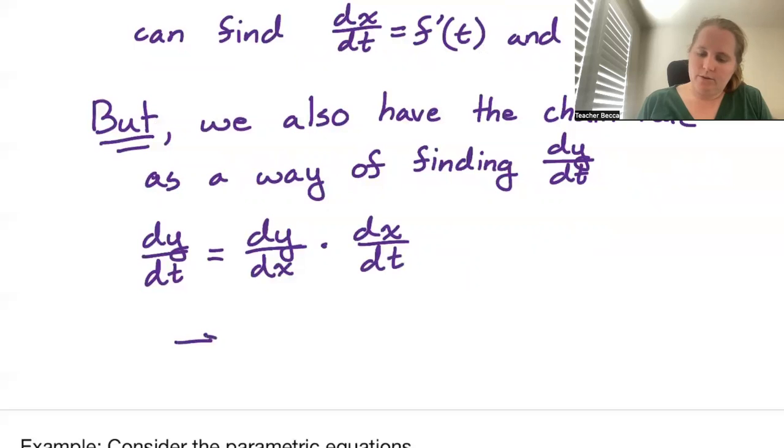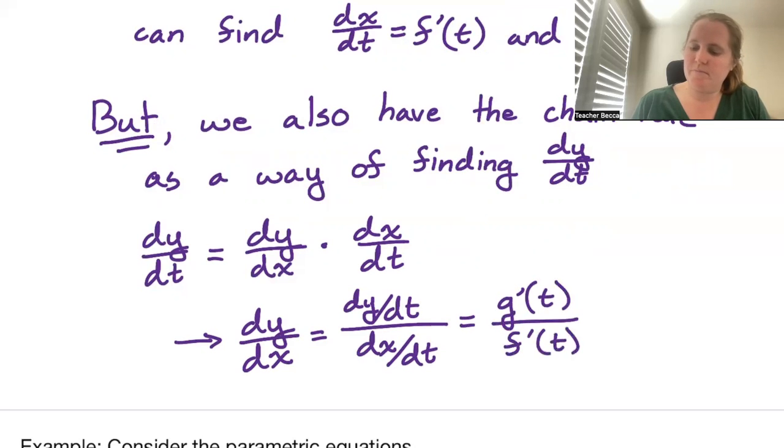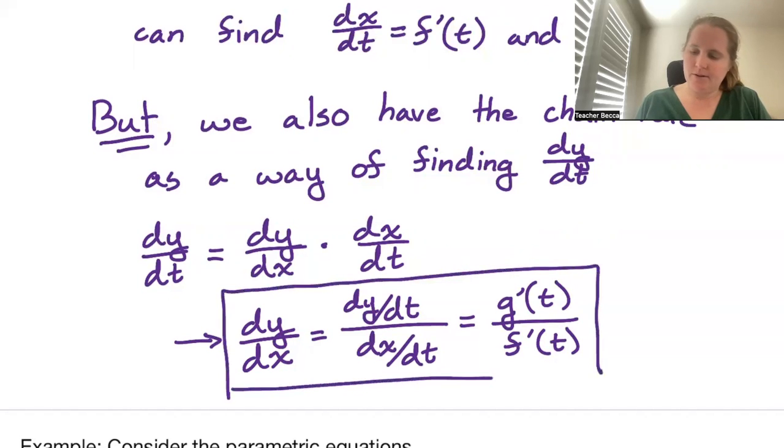So if we solve for dy dx, this means that dy dx should simply be equal to dy dt over dx dt, otherwise known as g prime of t over f prime of t. And so this is our rule for finding dy dx for a parametric equation.